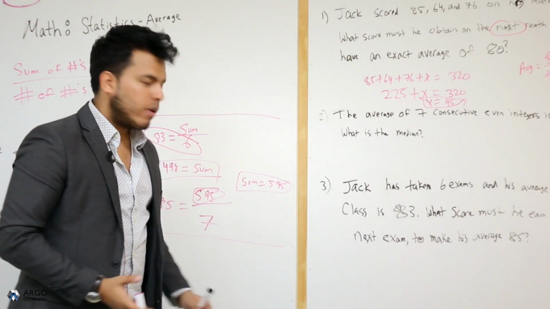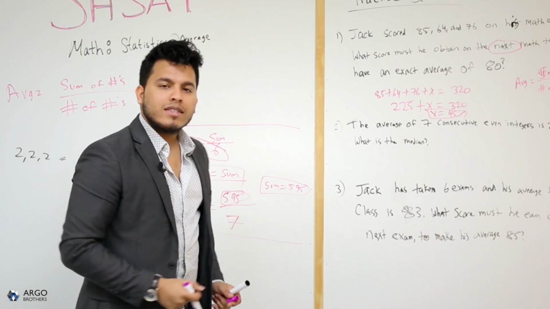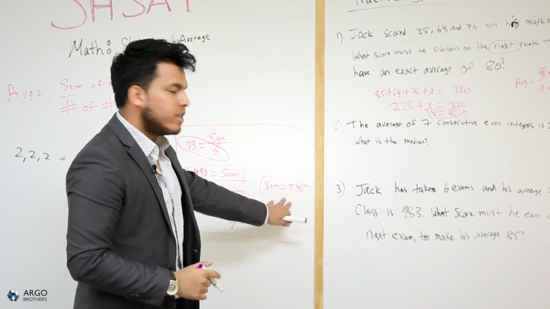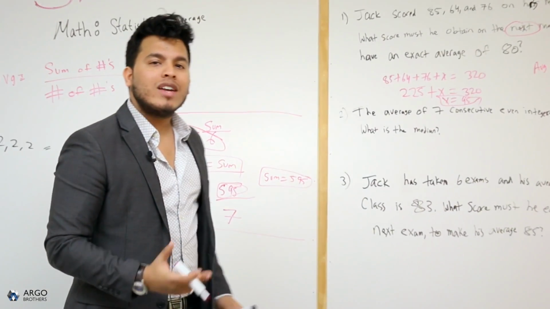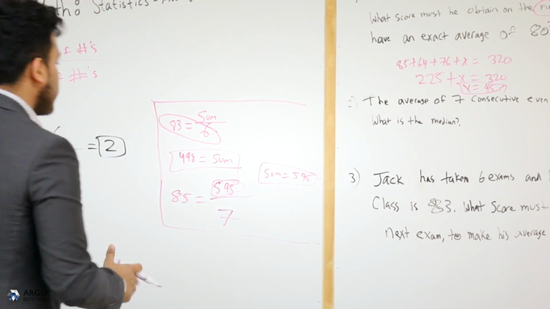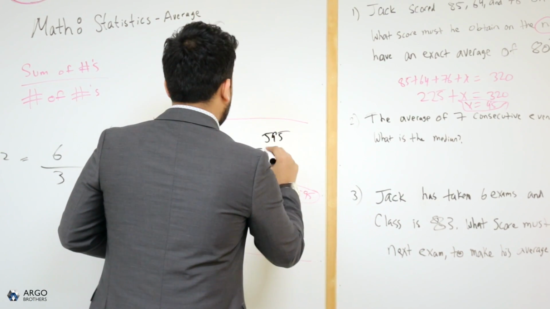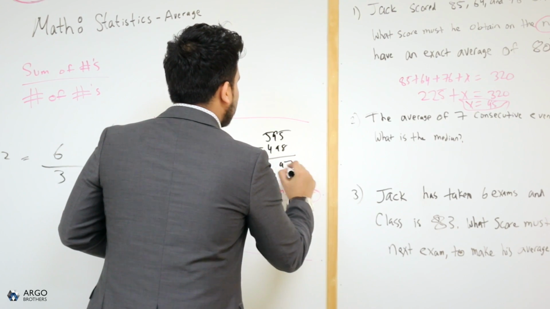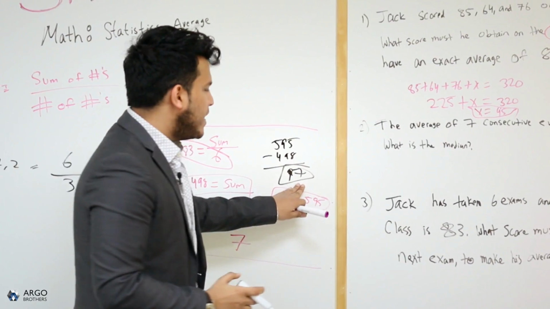What do you think we have to do now to get the answer? What score must he earn on the next exam? You take your second sum, the bigger number, 595, minus 498, and you should get the answer, which is 97. So 595 minus 498 results in a necessary test score of 97.